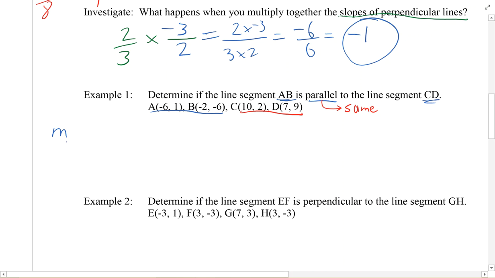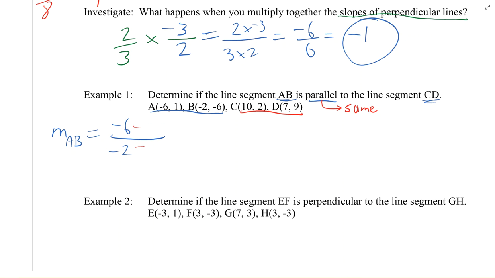So we go M of AB, subscript AB, equals what? Do your slope equation. -6, -2, do your subtraction.